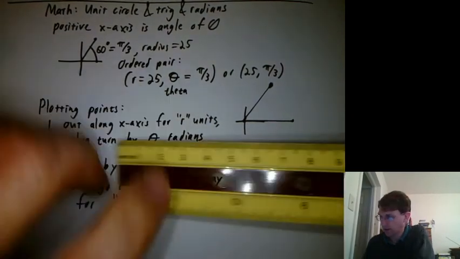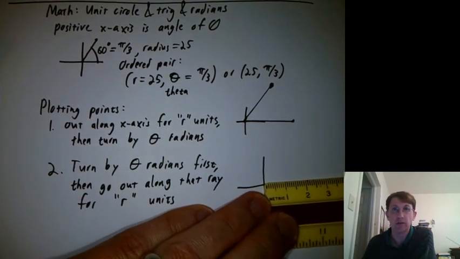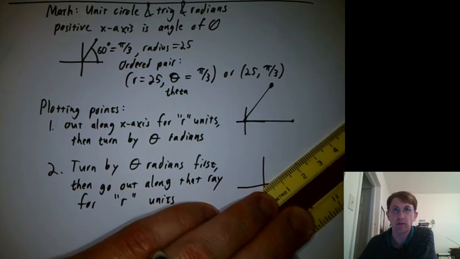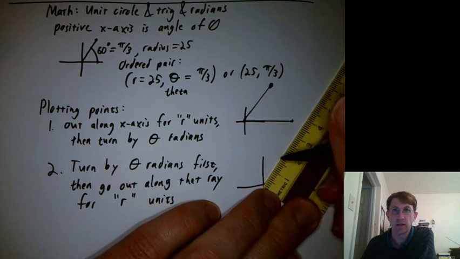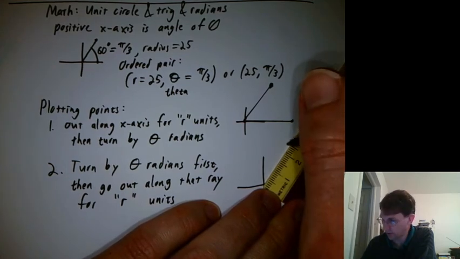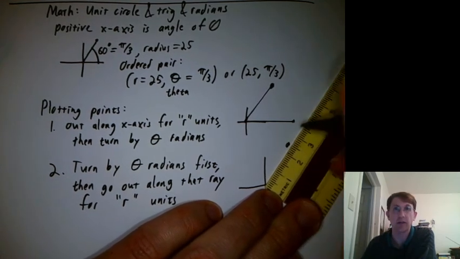So there I'd say, okay, I'm going to turn 60 degrees, which is pi over 3, and then I'm going to follow that line out here to 25 millimeters.